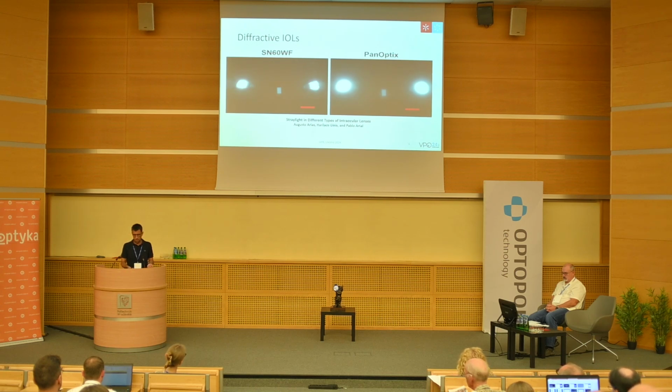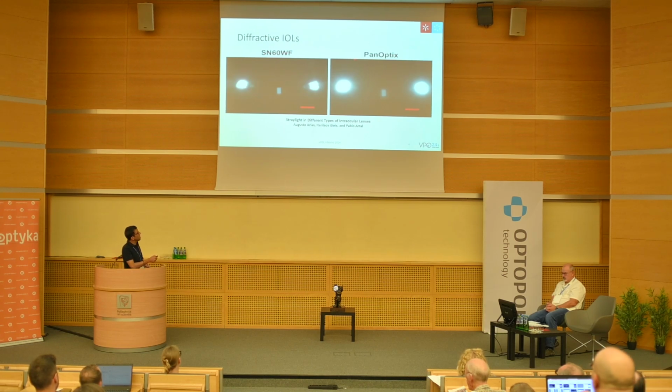This is from a very nice paper that analyzes the straylight generated by diffractive lenses compared to a monofocal lens. Maybe you don't see it very well here, but around the light source you have this light veiling. This obscures the field of view of the patients at night. The larger this is, the more bothersome it will be to the patient.